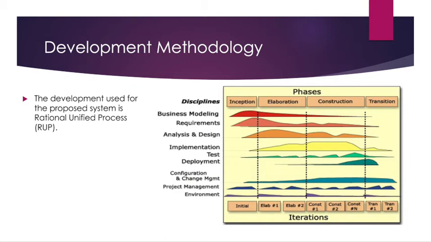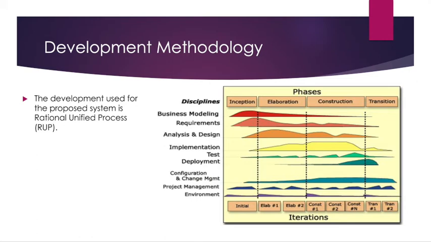And the elaboration phase is the phase which focuses on the work and domain analysis, and defines the basic architecture for the system. So this phase focuses on the design and architecture analysis of the project.